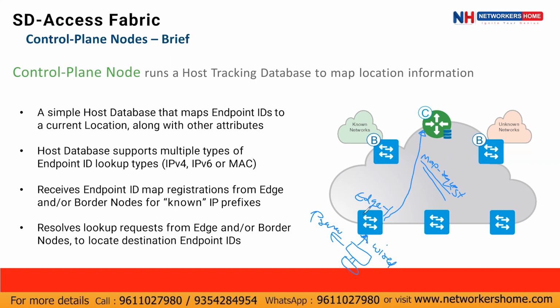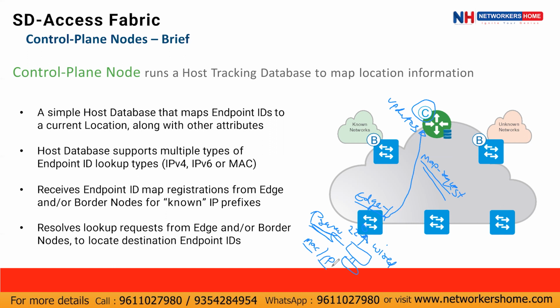The edge node informs the control plane node that I have an endpoint with this MAC address, or whatever the MAC address or IP would be, connected to me on this specific port link, for example port 22, the physical port. So what the control plane does is it updates its database that on this specific edge 1, we have a new device with this specific MAC and IP address.